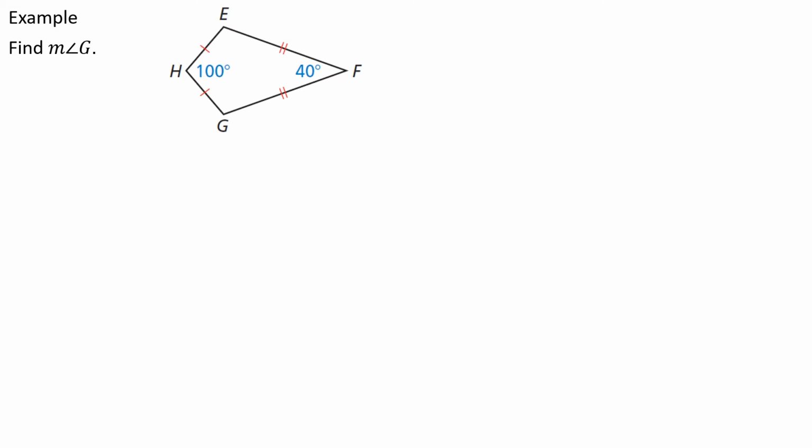So we need to find the measure of angle G. Well, I know if it's a quadrilateral, the interior angles must add up to 360 degrees. Does that help enough to get us started? Ooh, I also know the measure of angle E has to equal the measure of angle G. All right, so I know that the four angles must add up to 360 degrees.